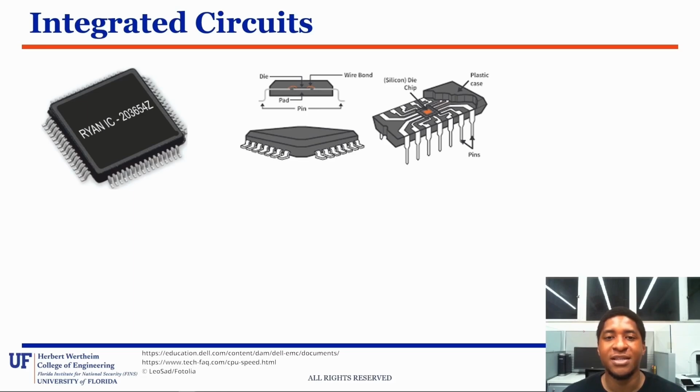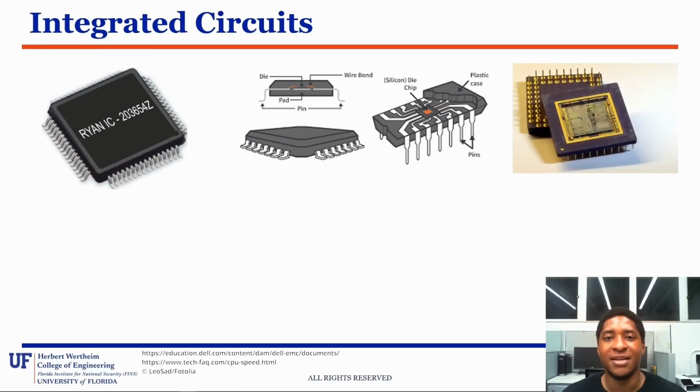You can also see the wire bond and some pins. The next one is a cross section of a real integrated circuit, and you can see its die as well as the pins sticking out from the bottom. As I said earlier, these pins allow it to connect with the circuit and communicate.